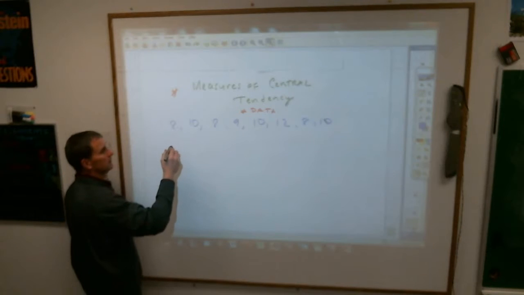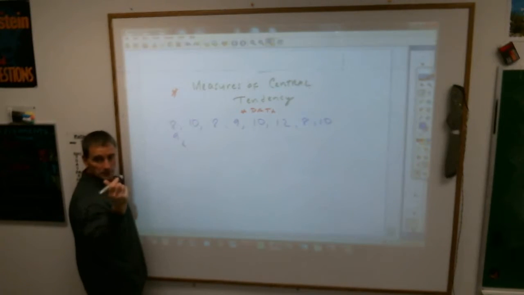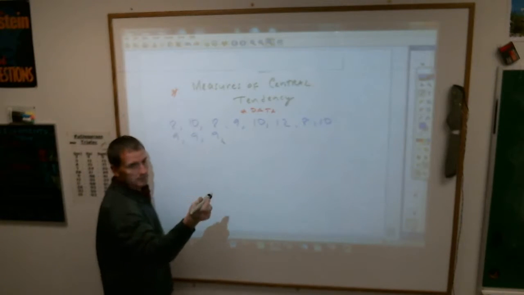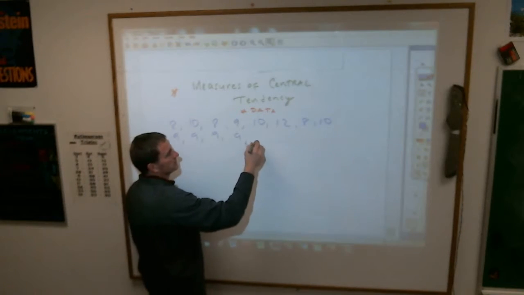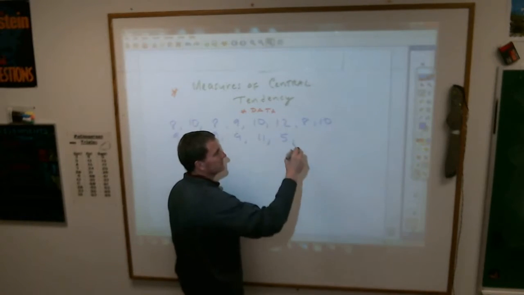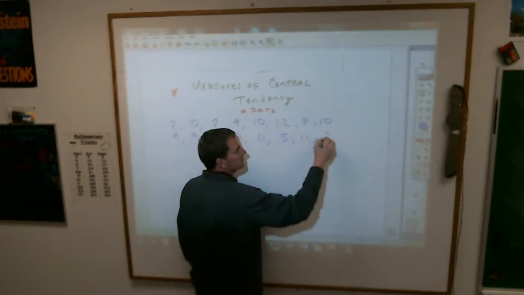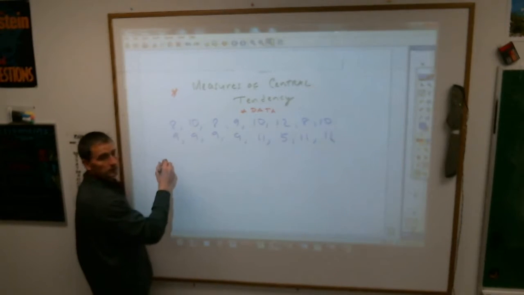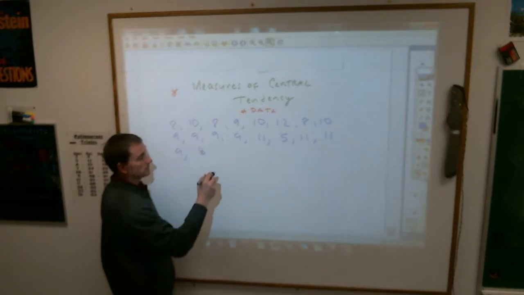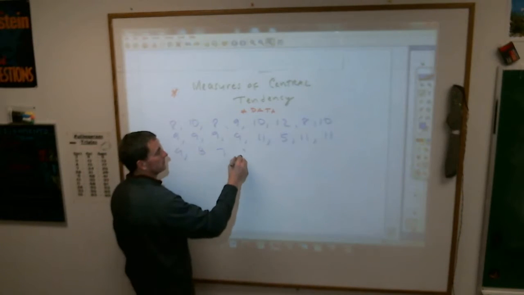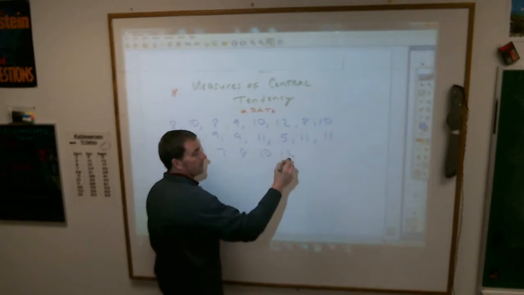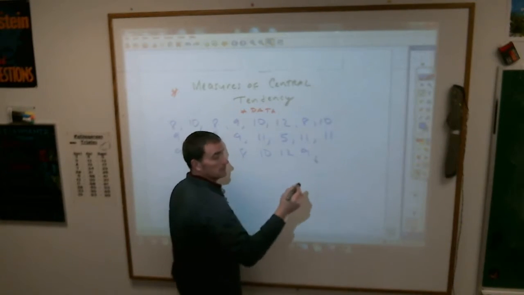Back row, Aubrey, 9. 9. 9. Kate, 11. 5. 11. 11. 9. Who said 9? 8. 7. 8. 10. 12. 9. 8.